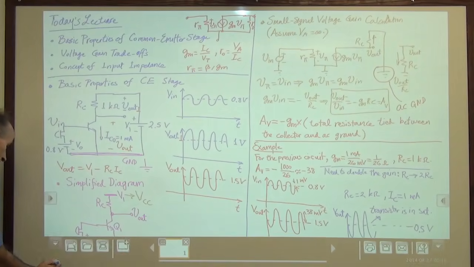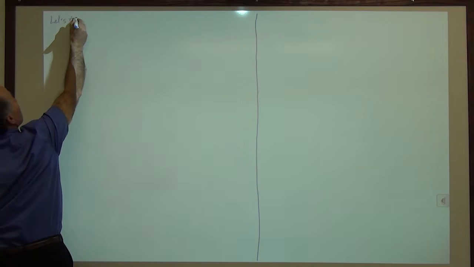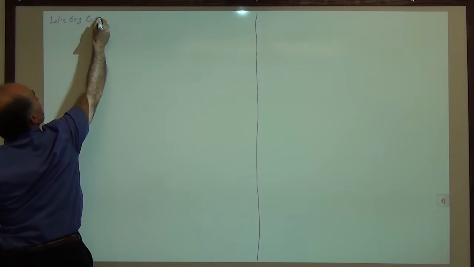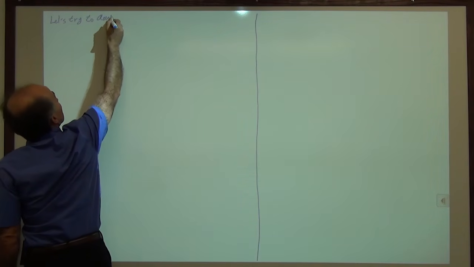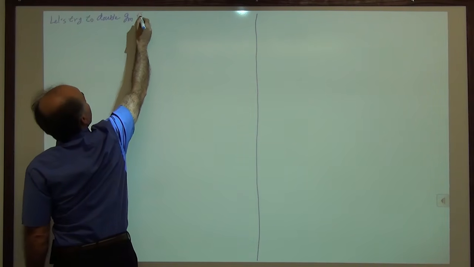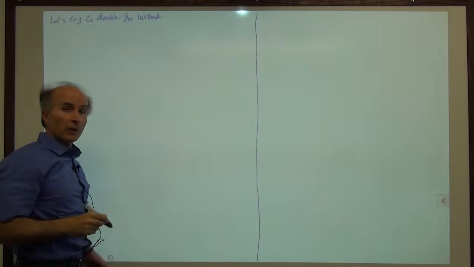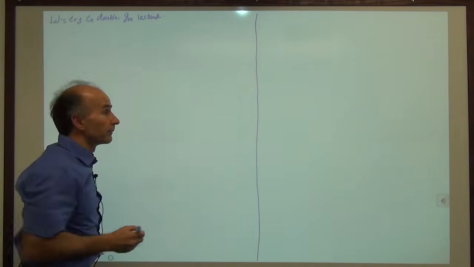Okay, so we go and insert a new page. Let's try to double GM instead. So instead of doubling RC, we double GM.